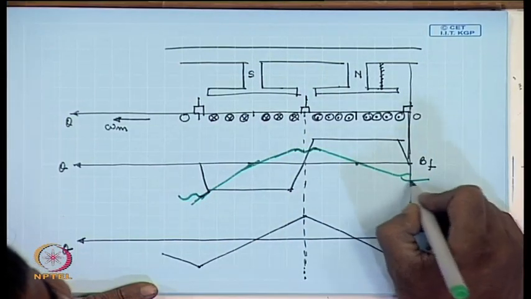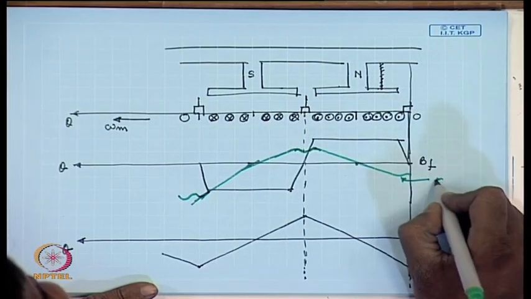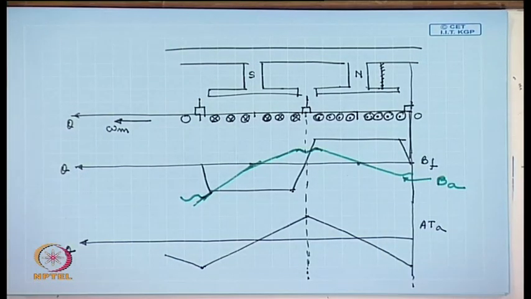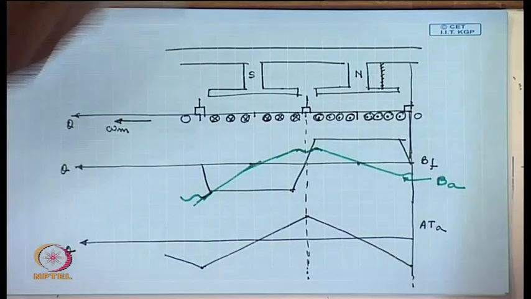So, this is the flux density waveform due to armature winding.